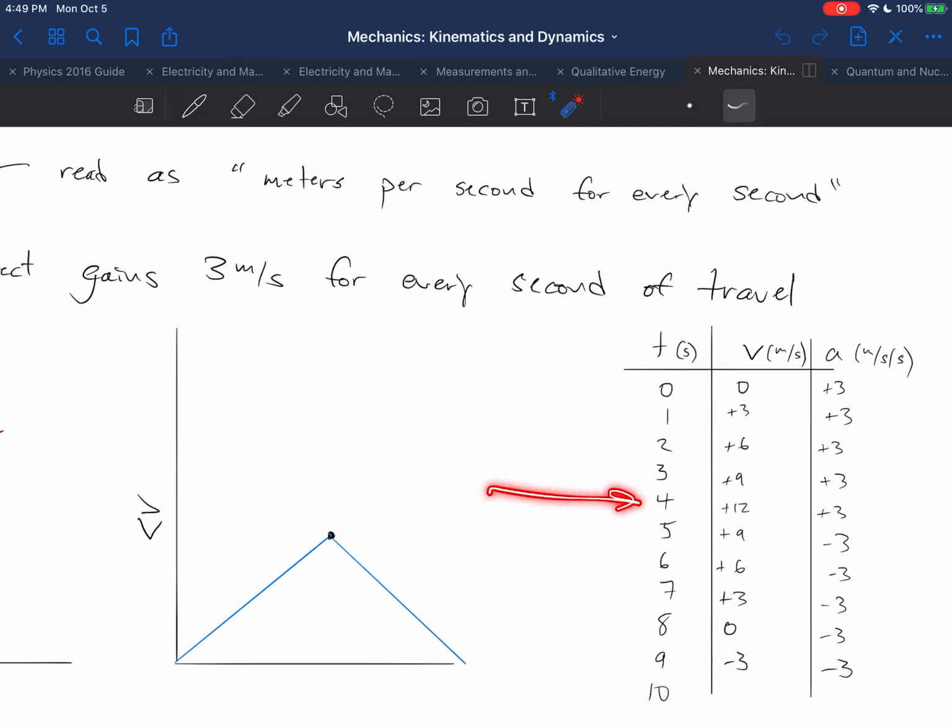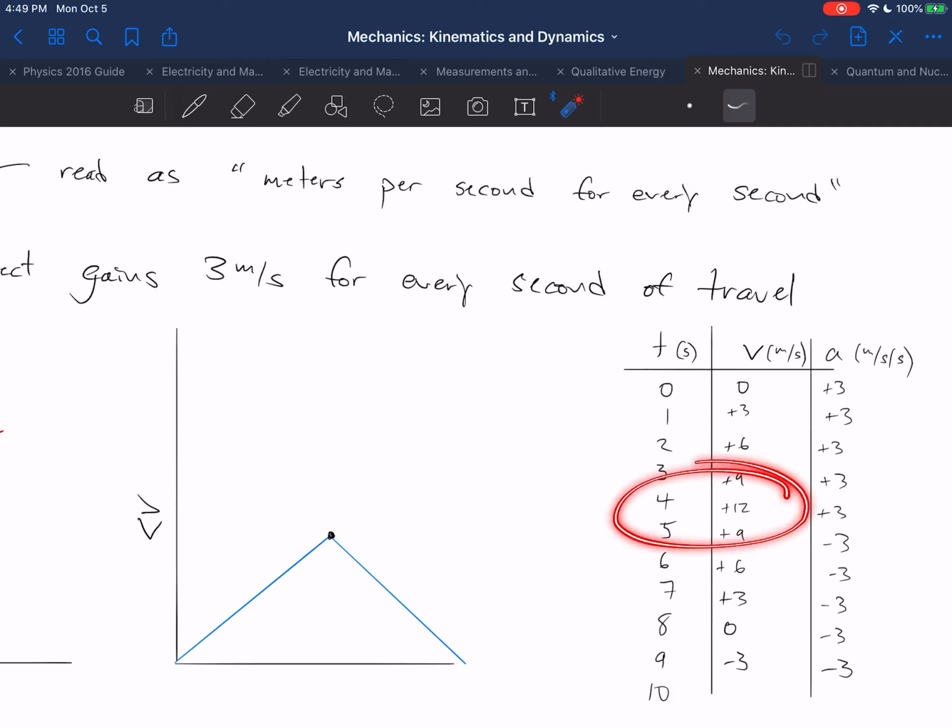Then right at t equals 4 seconds, the object doesn't stop and it doesn't turn around. It just starts to slow. So this is not a turning point. The object starts to slow, and the object is continuing to go forward, positive 12 meters per second, positive 9 meters per second, positive 6 meters per second, positive 3 meters per second, and so on and so forth, where the acceleration is negative 3 meters per second for every second of travel.